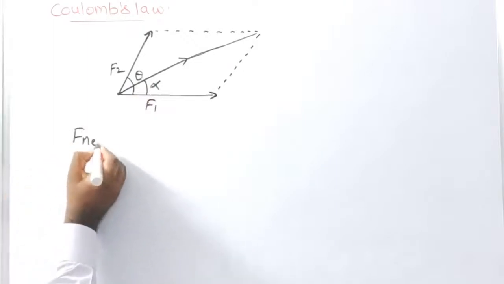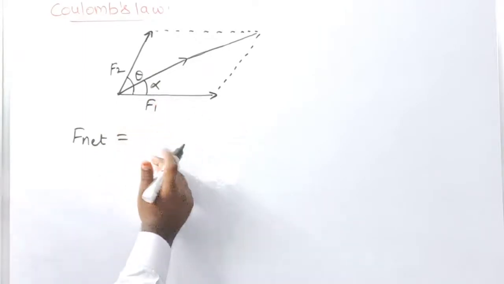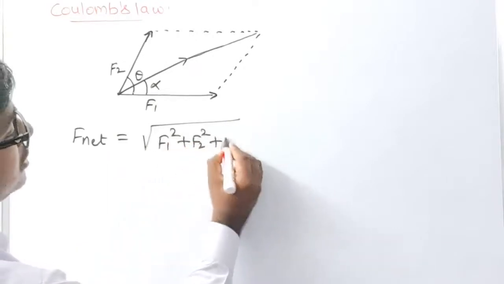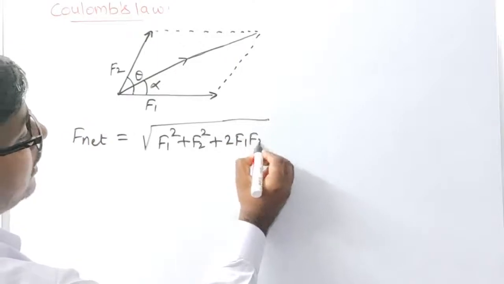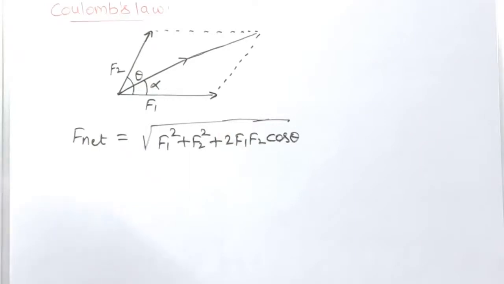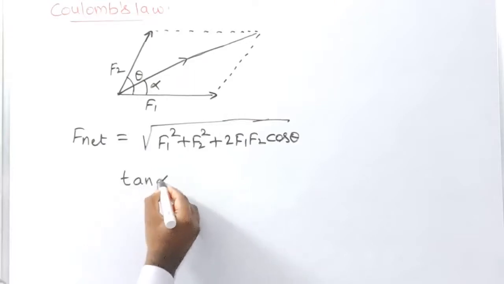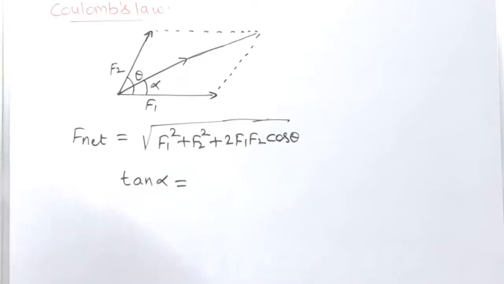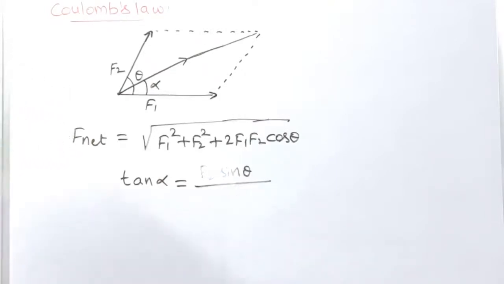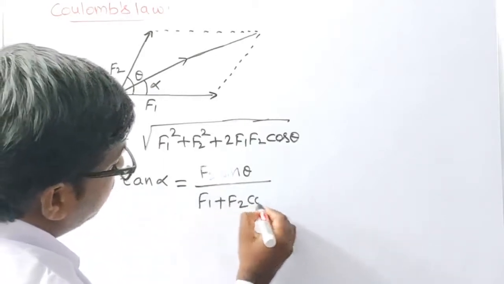The magnitude of the resultant of two electric forces, F net, is equal to square root of F1 square plus F2 square plus 2 F1 F2 cos theta. And the direction of the resultant force, tan alpha, is equal to F2 sin theta by F1 plus F2 cos theta.